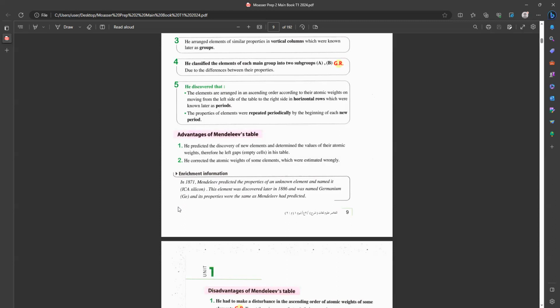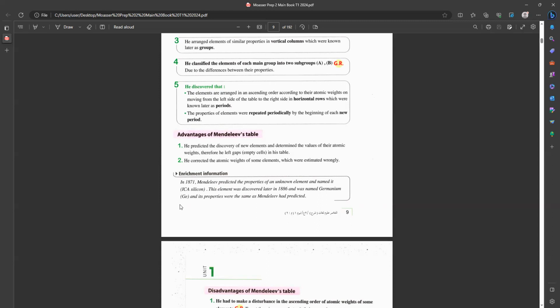We found 17. So between 11 and 17, scientists had not discovered these elements in his time. So he put 11, and left an empty space for the elements between 11 and 17, and put 17 in its place.